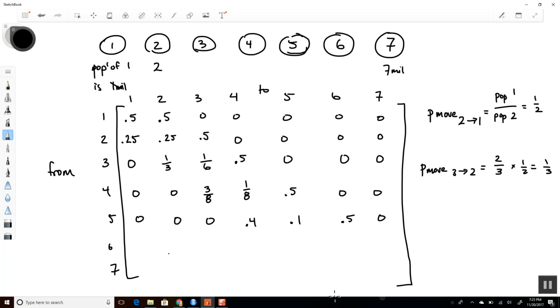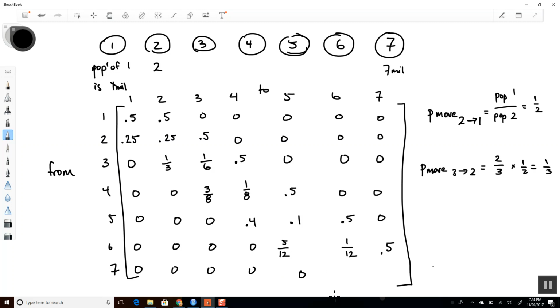Okay, let's do 6. I can go from 6 to 7 with probability 0.5. If I propose going to 5, I would go with probability 5/6, so this has a probability of 5/12, and the stay-put probability will be 1/12. Then the last one is a little bit tricky.